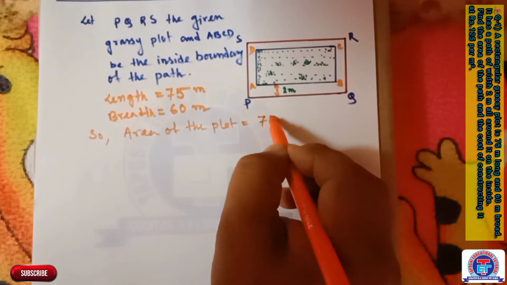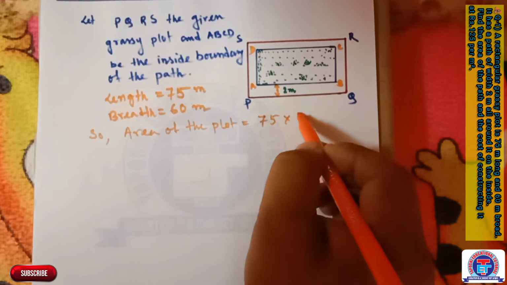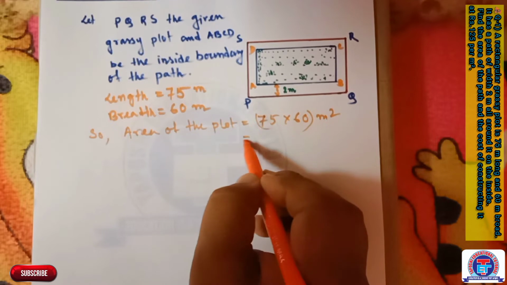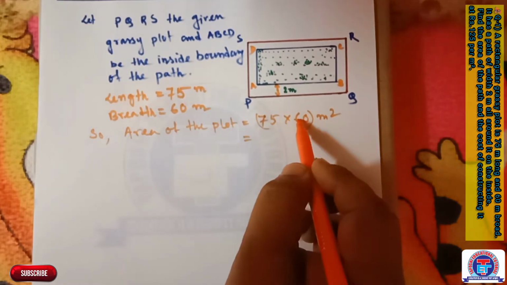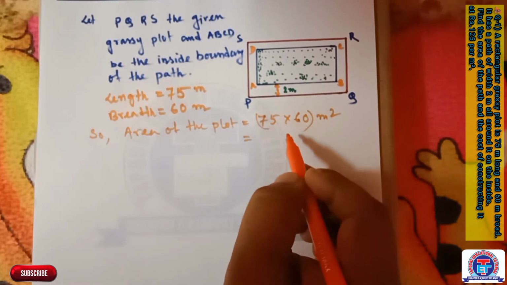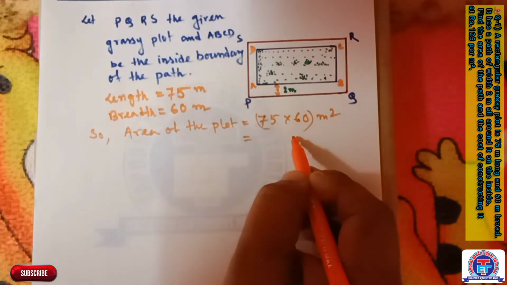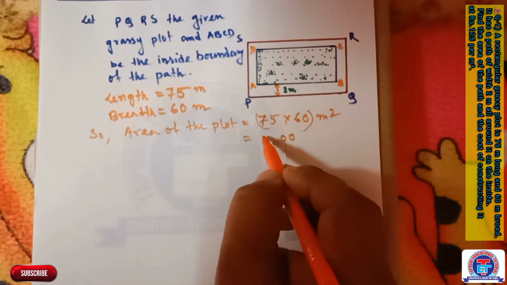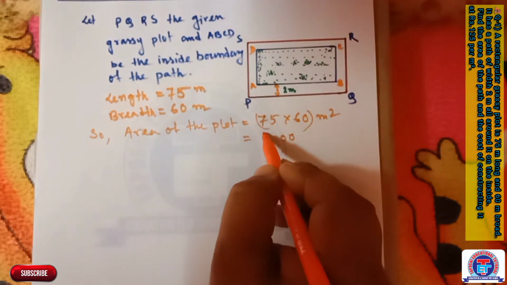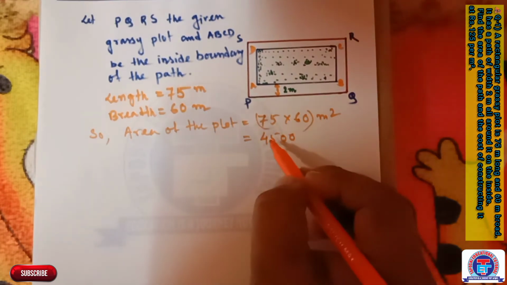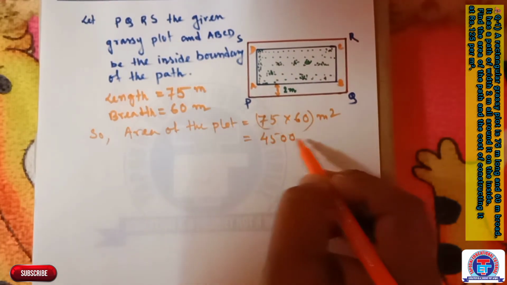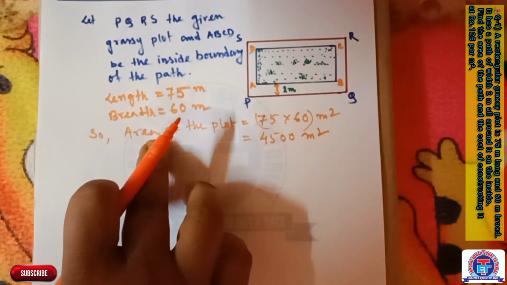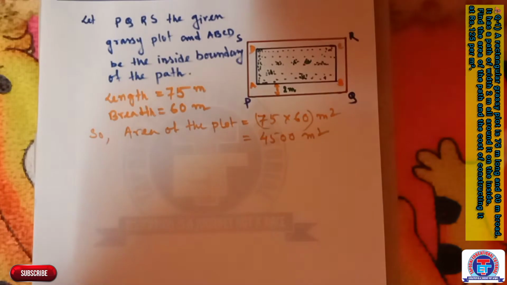So we write 75 into 60 meter square. Now multiplying this, it becomes 4500 meters square, that is the area of the plot, correct.